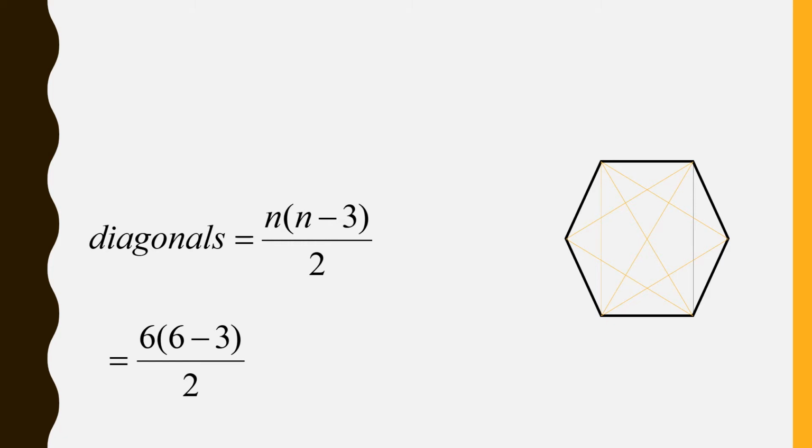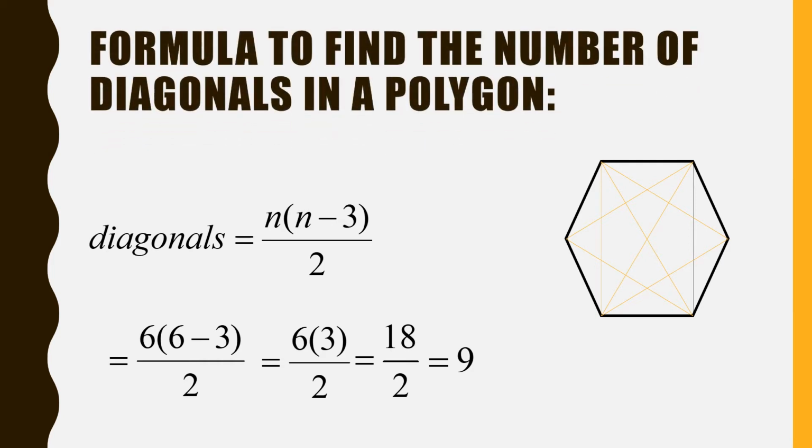There are 6 sides in a hexagon. So 6 times 6 minus 3 over 2. Okay, so 6 times 3 equals 18, divided by 2 equals 9. That means there are 9 diagonals. Okay, so there are 9 diagonals in a hexagon.